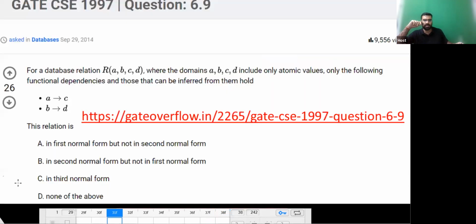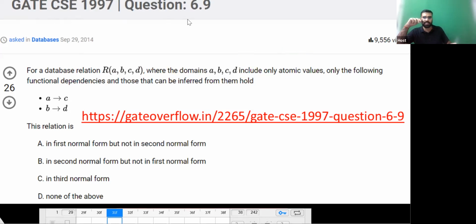Let's see this question. This is your GATE 1997 question, a very simple question from normal forms, from normalization in DBMS. A relation R(A, B, C, D) with 4 attributes is given, and the domains include only atomic values.